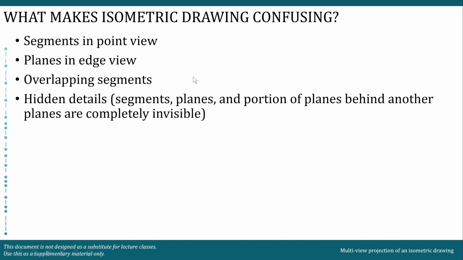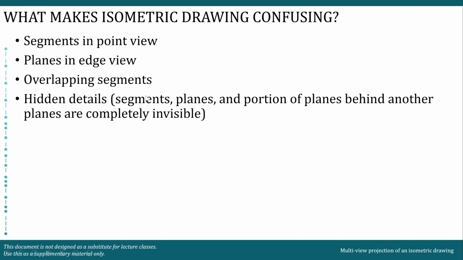Anyway, what makes isometric drawing confusing? Okay? An isometric drawing is confusing when you have a lot of segments shown in point view. Marami tayo niyan actually pagdating sa isometric. Planes in edge view, overlapping segments, and hidden details.